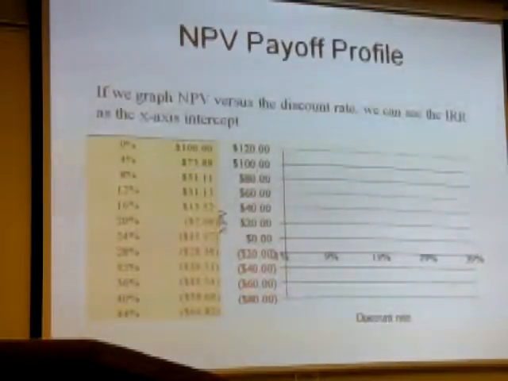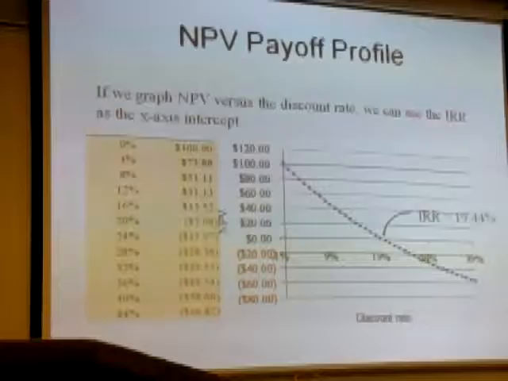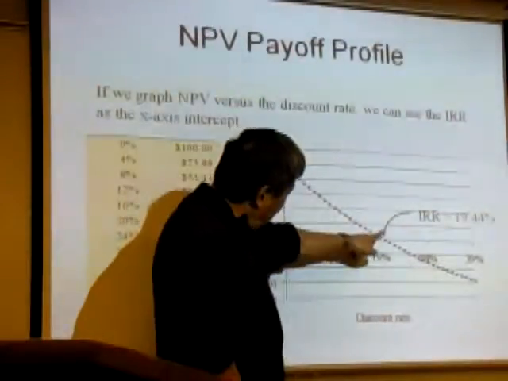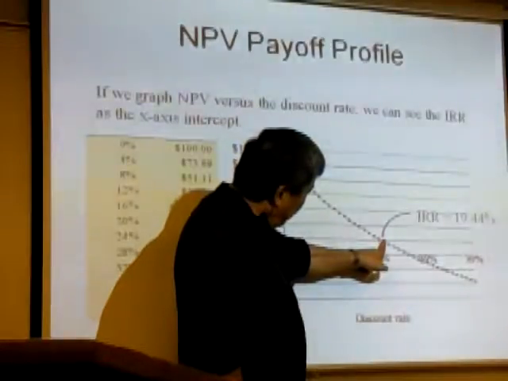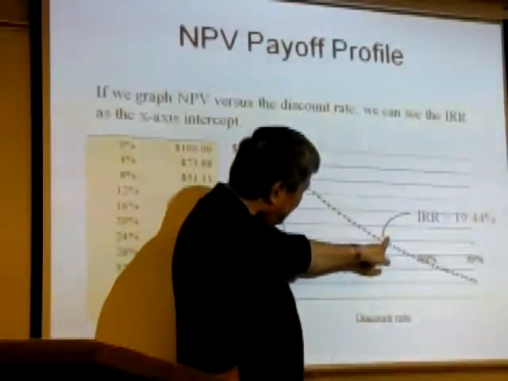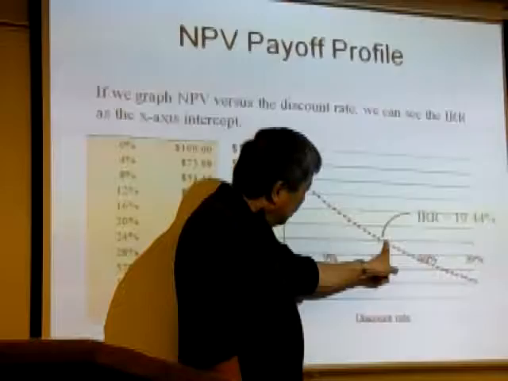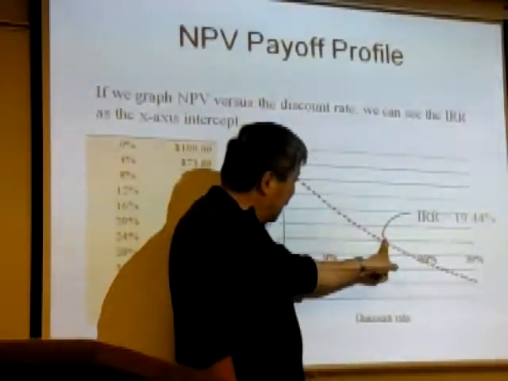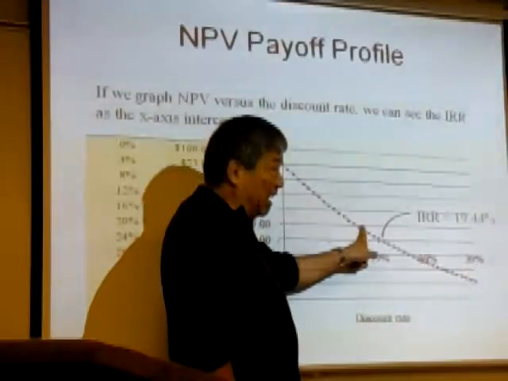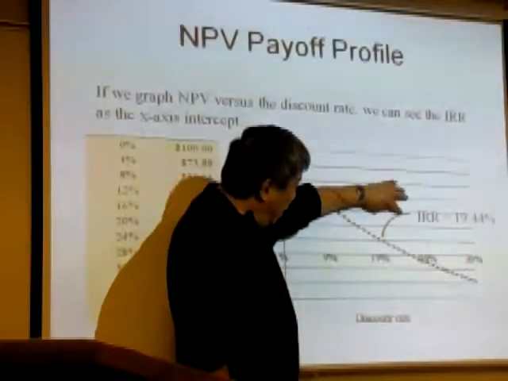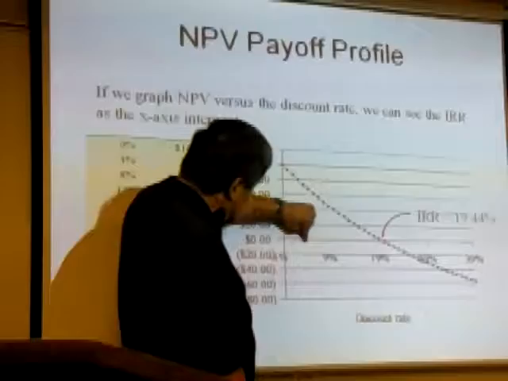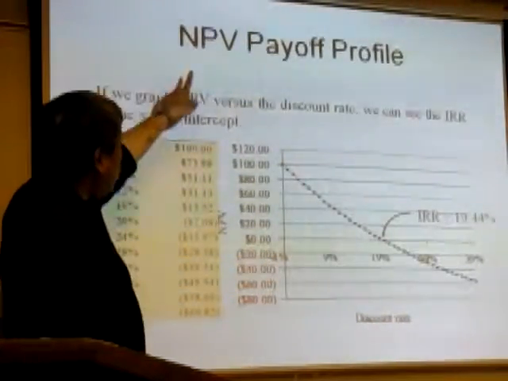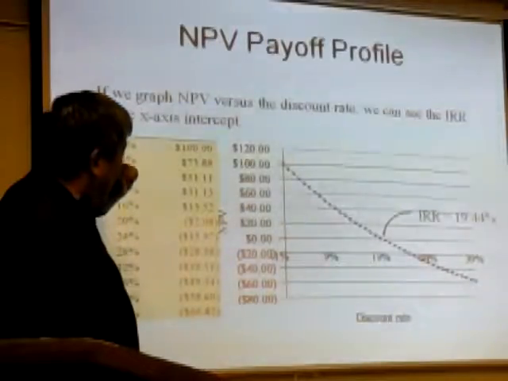Now let's look at what IRR really means. At an interest rate higher than IRR, your net present value will become negative. Lower than that, your net present value will be positive. So IRR is the rate at which the net present value is exactly equal to 0. This is what we call the NPV profile.